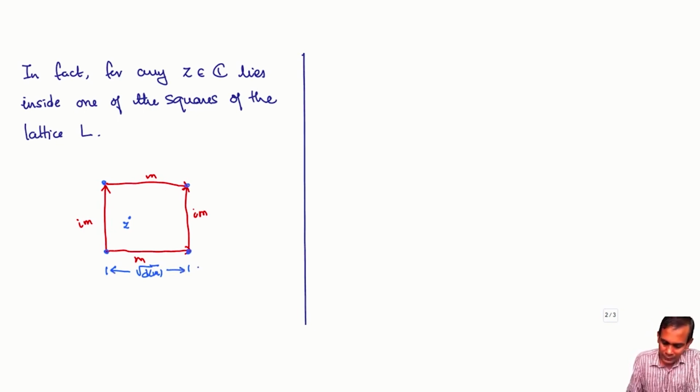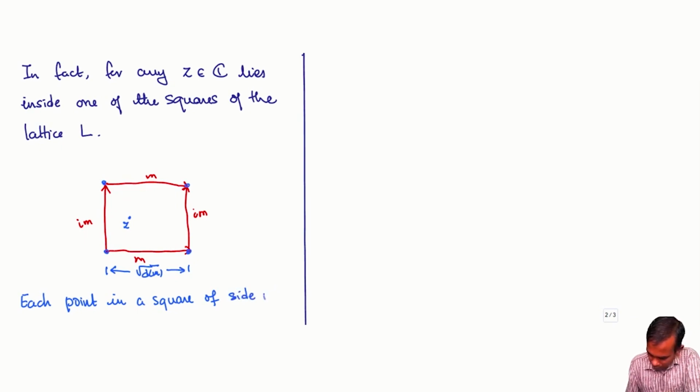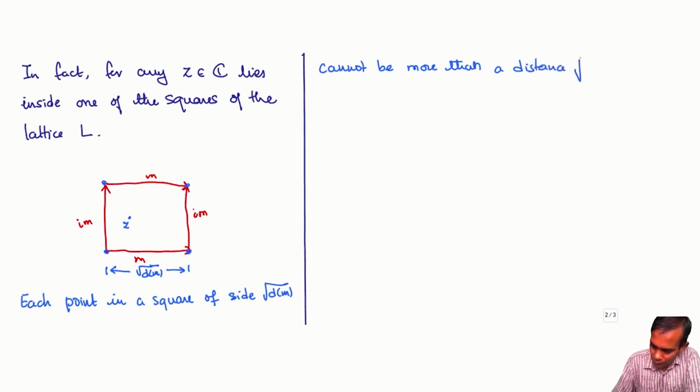Now each point in a square of side square root of d m cannot be more than a distance of square root of d m by 2 from one of the corners.